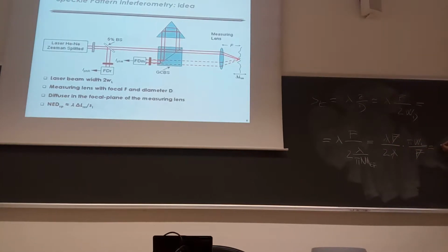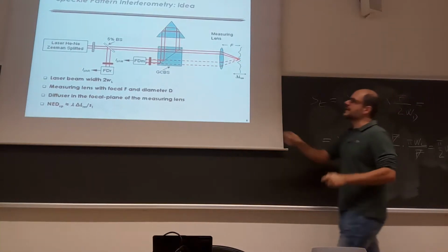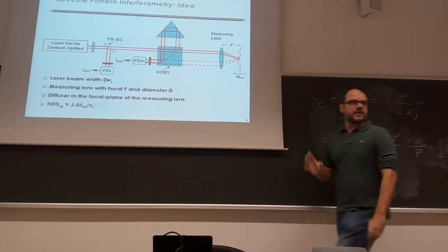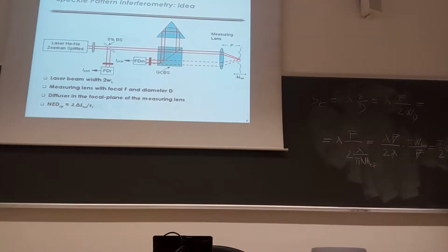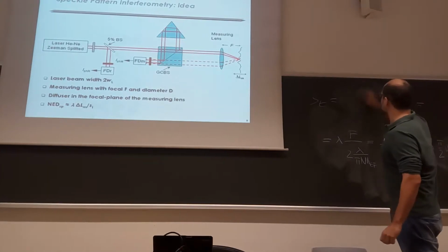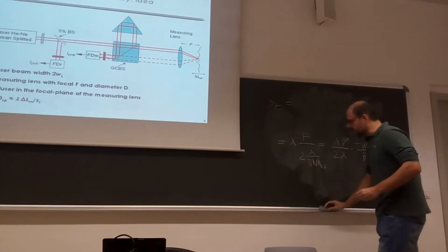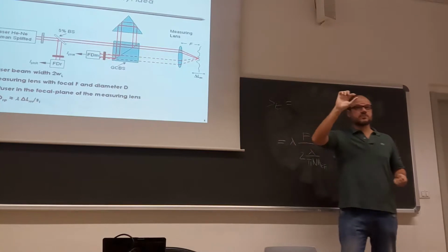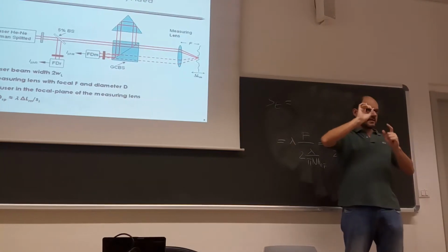And then we have pi divided by 2 multiplied by the radius of the beam, of the incoming beam. Okay? This is a very good result, and it's simply given by the fact that we are using a lens. Because what does this result say? It says that the transversal dimension, remember that when I say the transversal dimension, is the radius of the speckle, okay?